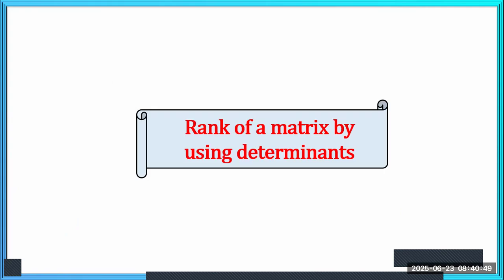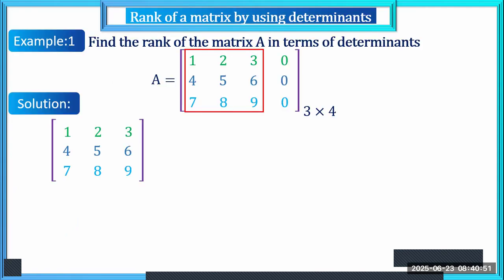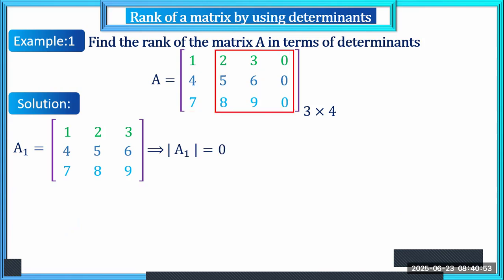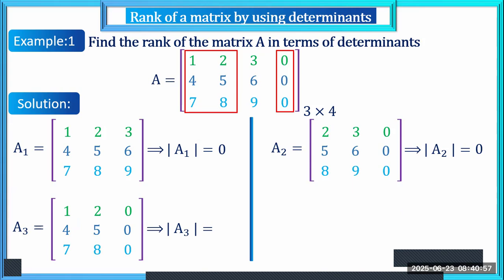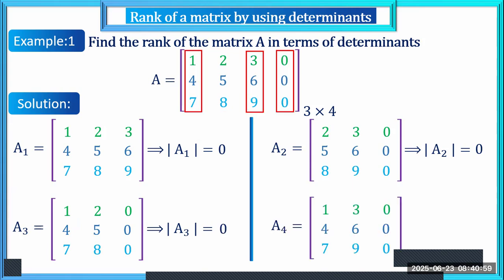Moving on to the first one, rank of a matrix by using determinant. We are aware of many methods, but I'm going to show you a very short method. This is also an important one. Generally, this is the matrix given, and we are going to add a column of 0, 0, 0, so it becomes 3 by 4.